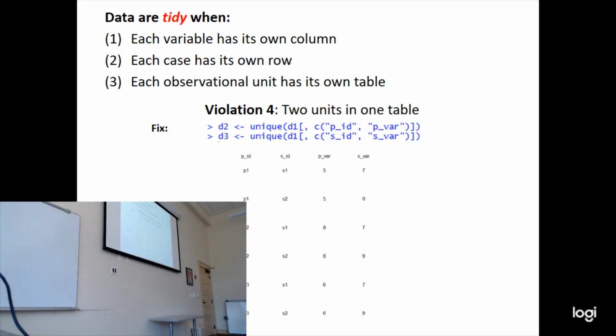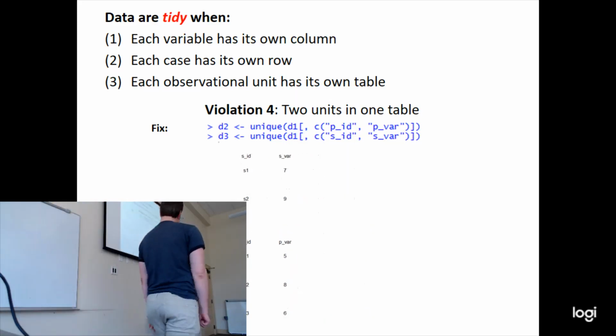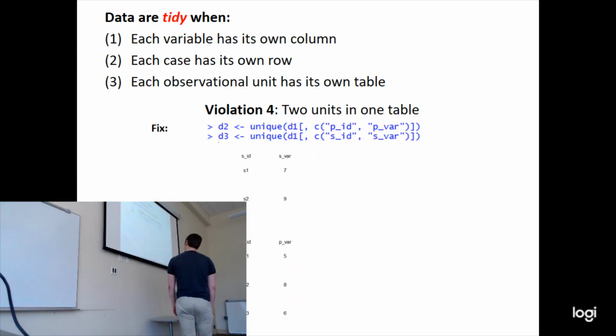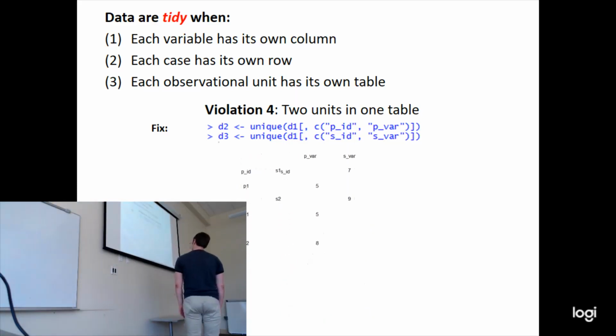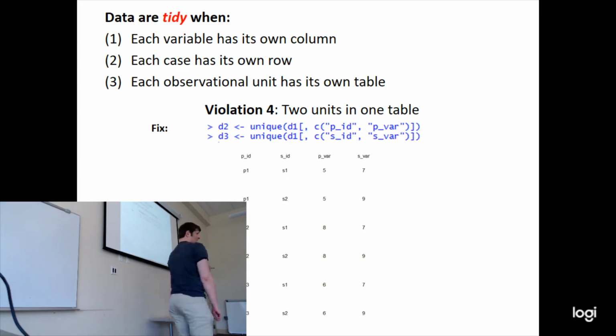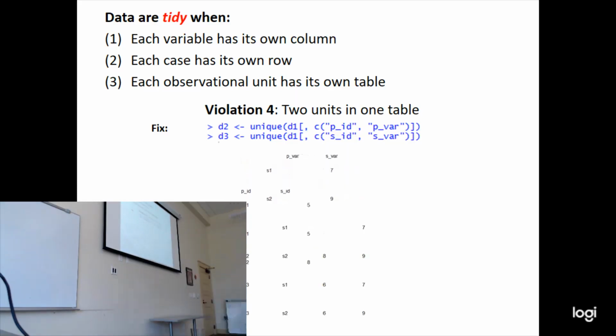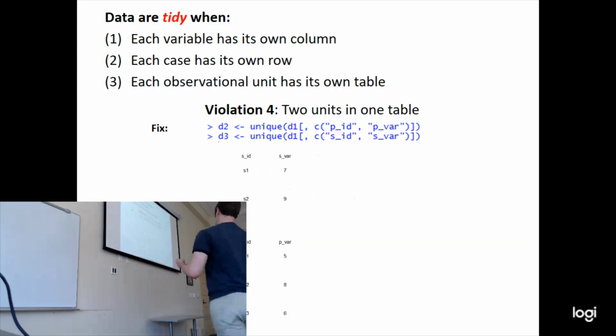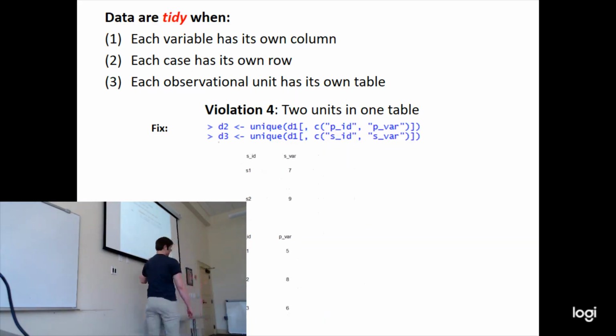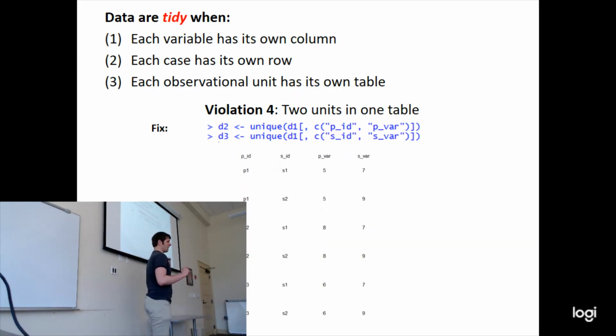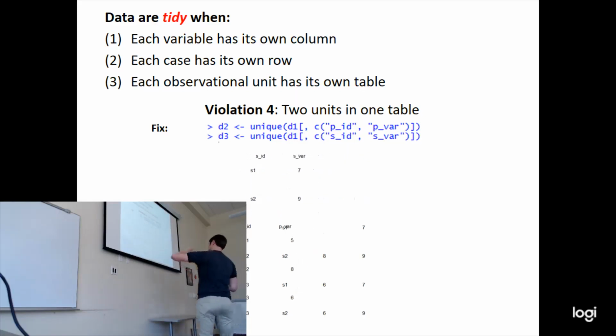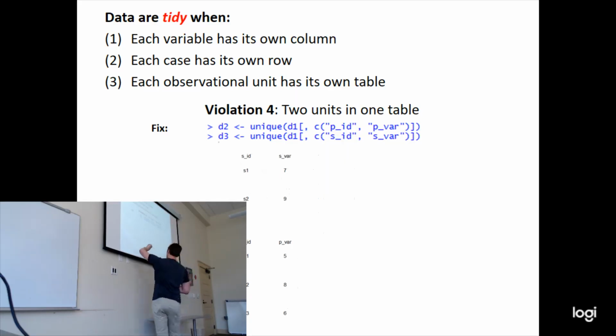One way I could do that is using the function unique. And what that shows you is that I can represent these very compactly as 2 separate data sets. I just realized one mistake I made here.